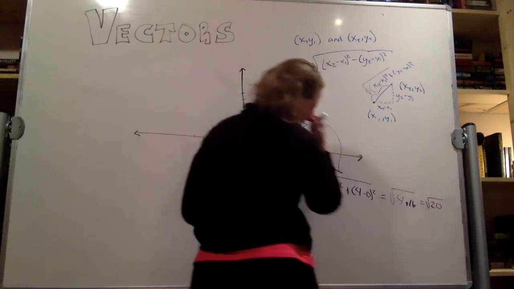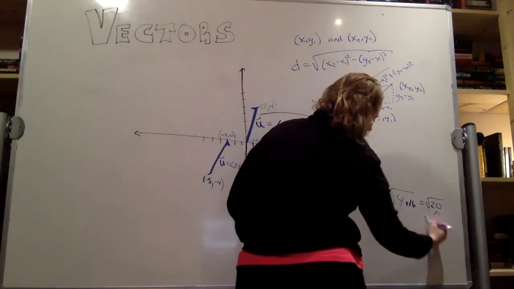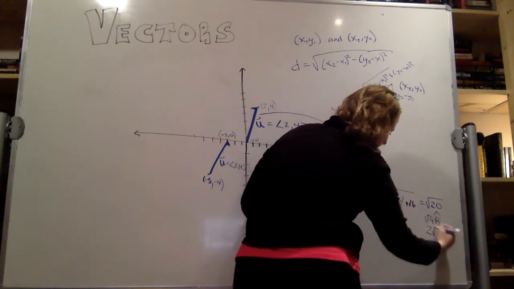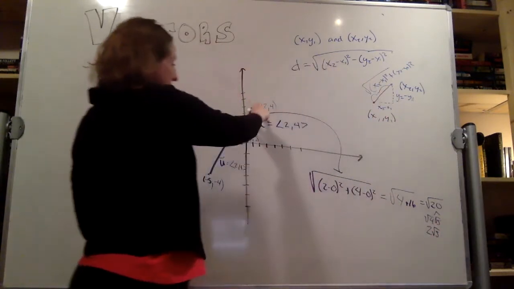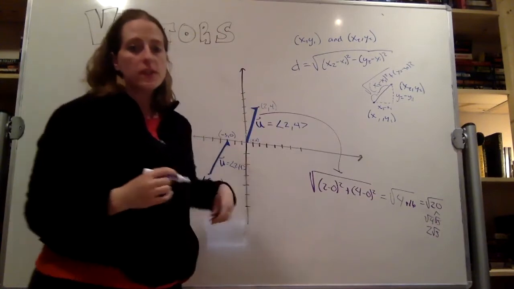So the distance between these is the square root of 20. If I simplify that, 20 is 4 times 5, square root of 4, square root of 5. I get 2 square root of 5. So the distance from here to here, also known as the magnitude or length of this vector, is 2 square root of 5.